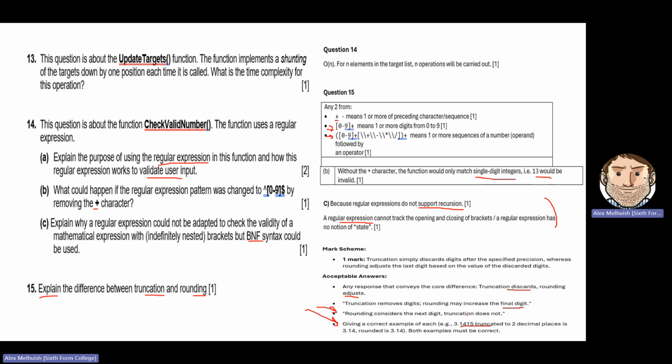Okay, so just being really clear, when it comes to rounding, it's the final digit that could either obviously increase or be rounded down. Okay, so yeah, I think that's everything for section C, and yeah, that's the feedback.